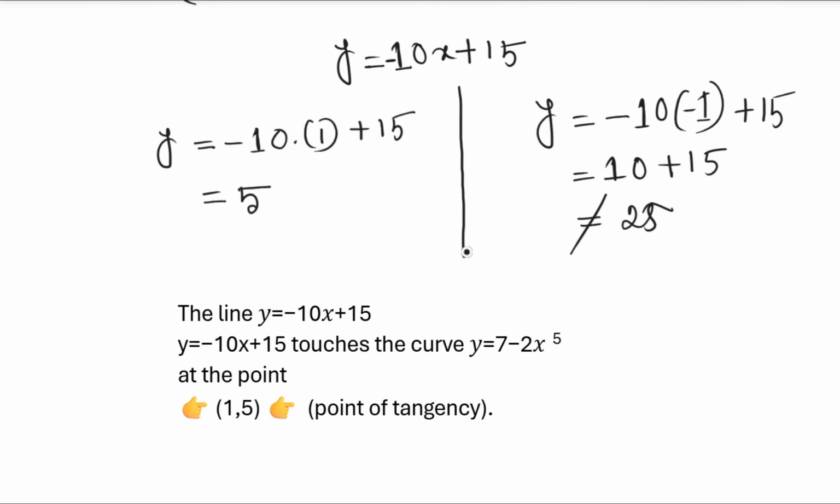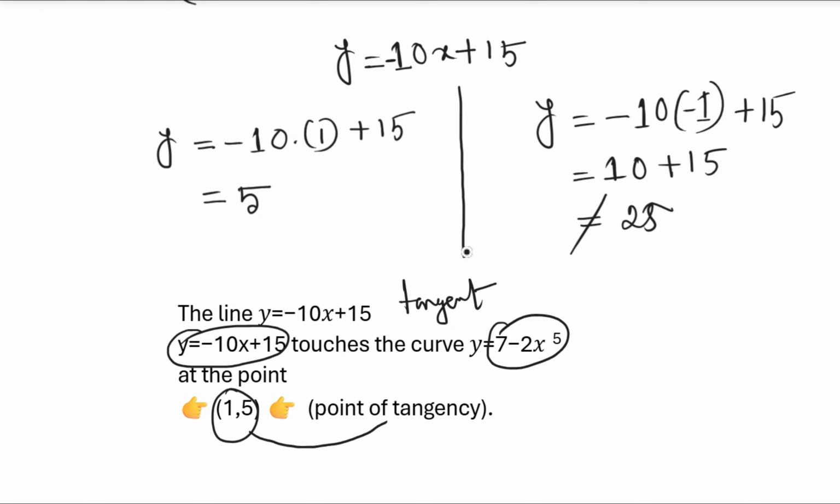So the final comment for the problem: the line y is equal to minus 10x plus 15 is actually the tangent line, right? This is the equation which touches the curve at (1, 5), and this (1, 5) is the point of tangency, right?